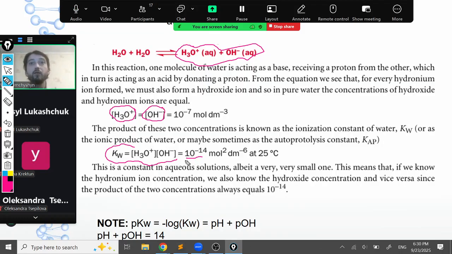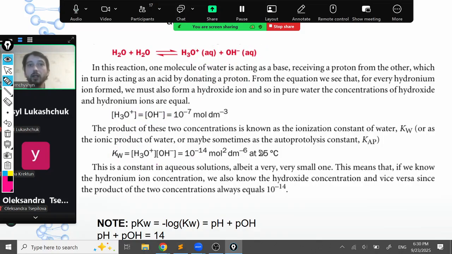Thus, since we have measured that the product is 10 to the minus 14 and we know that these two concentrations are equal, we can calculate them as 10 to the minus 7. If we now calculate pH, that is minus logarithm base 10 of this value, the logarithm base 10 gives you minus 7, and minus of minus 7 gives you 7.